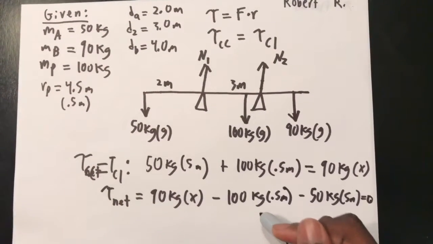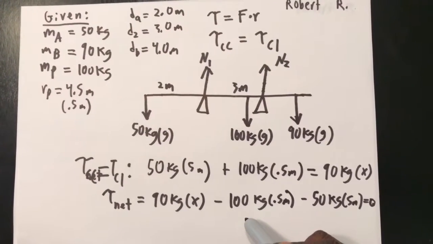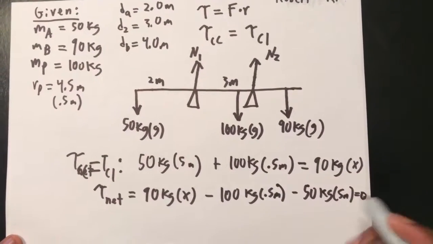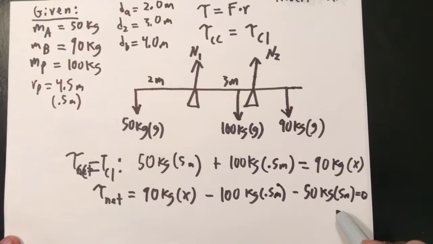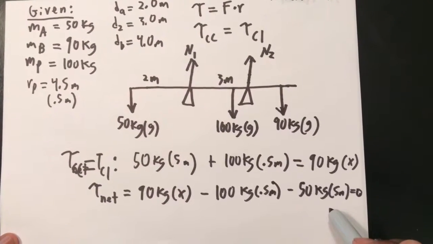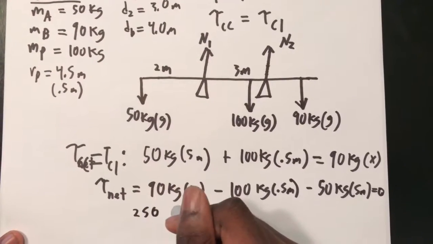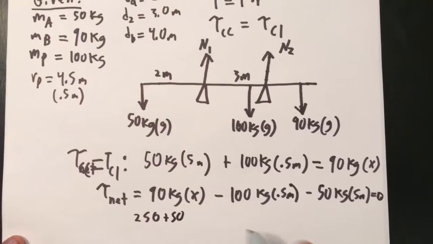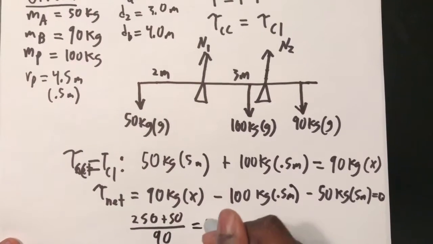Right here, this 100 kilograms times 0.5, that's 50. So we're going to get 50, as well as this 50 times 5, that's 250. So in this equation here, you're going to get 250 plus 50 divided by 90 is equal to x.